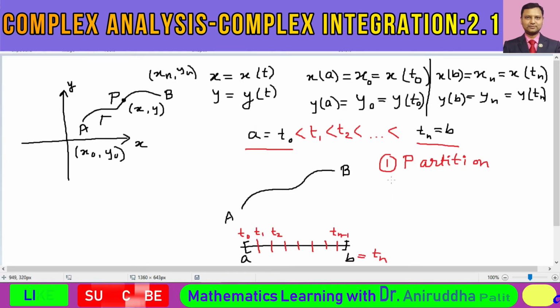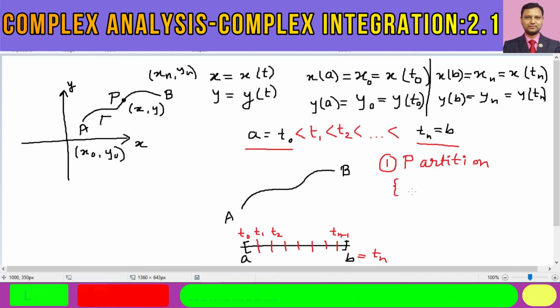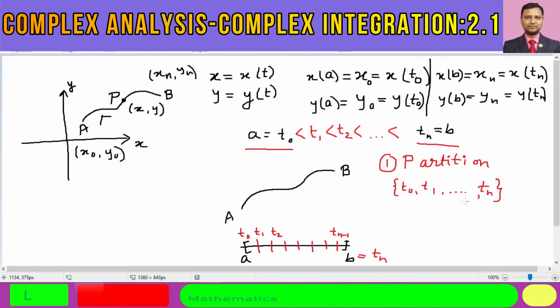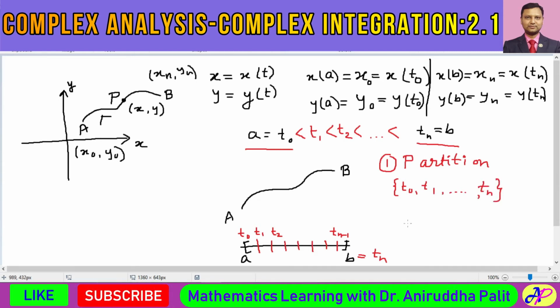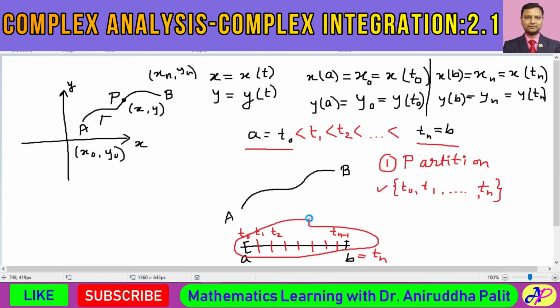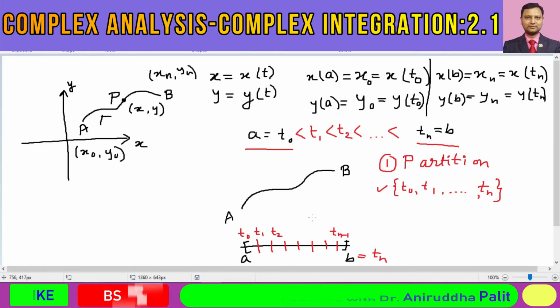Sometimes this collection of points t0, t1, and so on up to t_n is also referred to as the partition of the interval AB, because using these points we are able to subdivide the interval AB into a finite number of intervals.